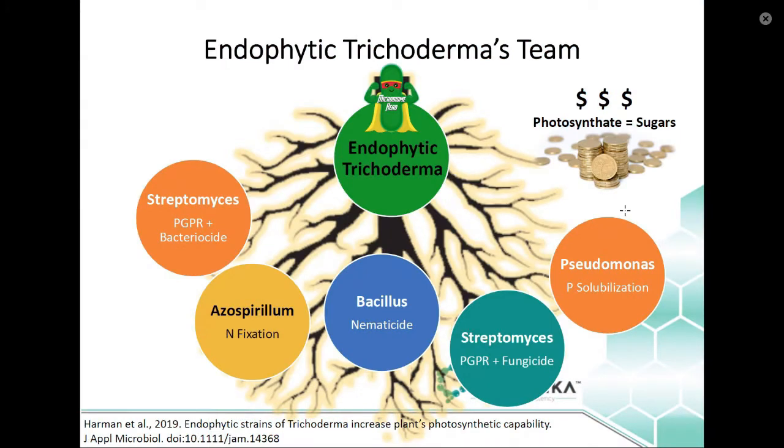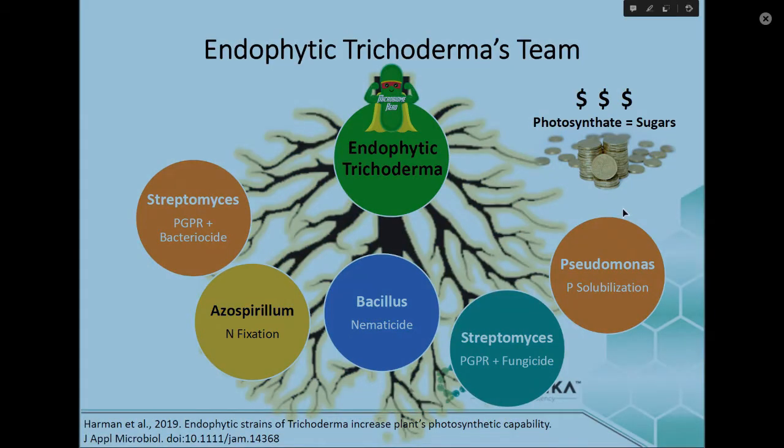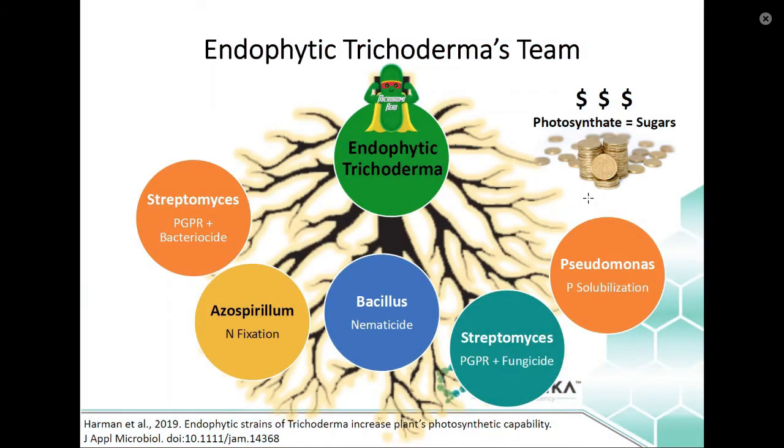In other words, phosphate that we know is the building blocks of ATP, and ATP is the energy currency in the cell. So the energy status of that plant depends on a functional group like Pseudomonas solubilizing, producing these organic acids, solubilizing phosphate, and making sure that it's converted to ATP or energy in the plant.